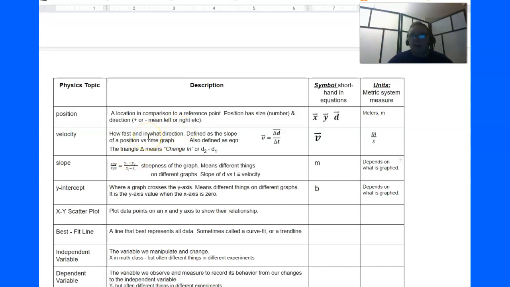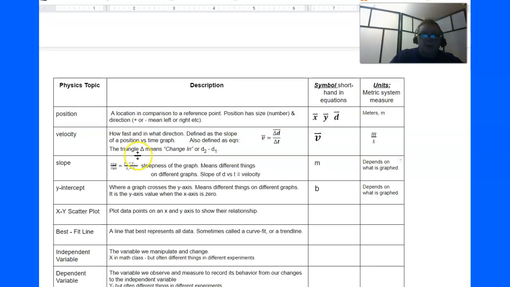Velocity is how fast and what direction an object travels, both how fast and which way. It can go fast that way, it can go fast that way. Either direction is significant. We'll do a more careful description in a little bit, but here we see v is Δd over Δt.